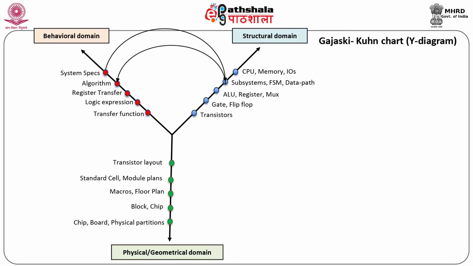The path drawn in the Y chart indicates a top down design methodology where different parts with known behavior are divided into smaller blocks with simpler behavior and interconnection structures. This aspect provides a transition from the behavioral to structural domain.